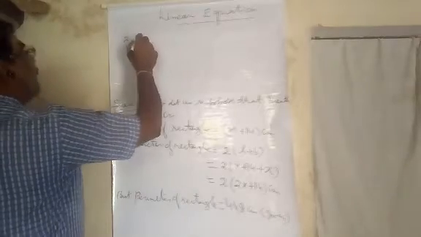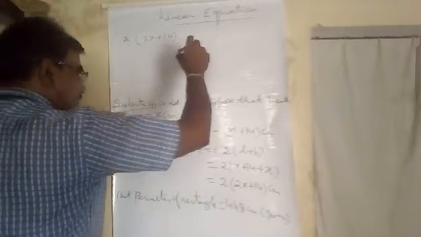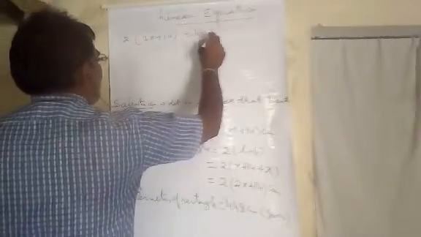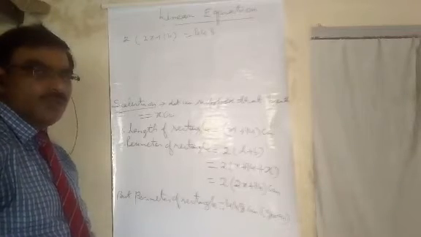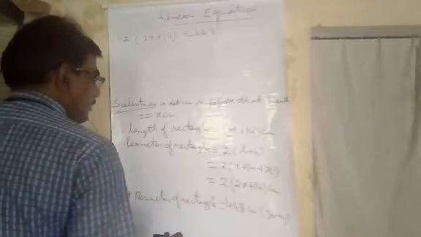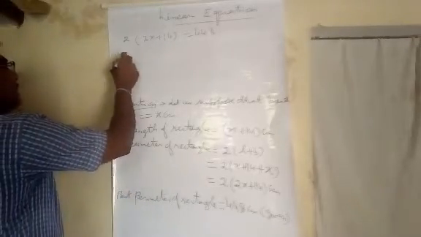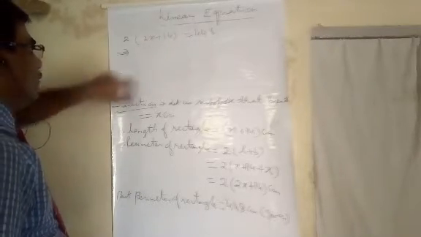2 bracket 2x plus 14 equal 448. Now divide both sides by 2.